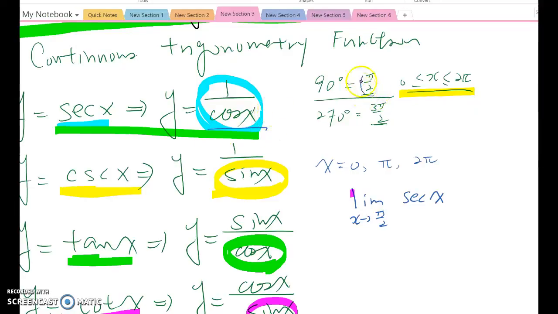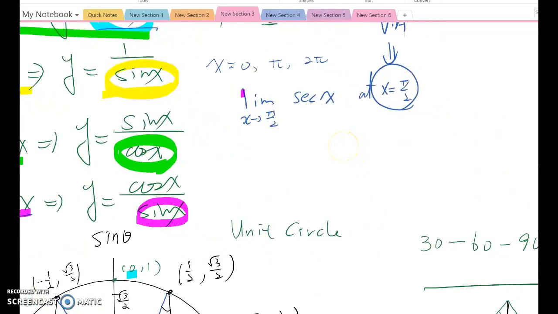You know cosine of pi over 2 is 0, and this is an undefined case, right? Therefore, at x equal to pi over 2, that's our vertical asymptote, which means the function is not continuous. Not continuous means the limit does not exist. So if the question is given by limit x approaches pi over 2, then you say no limit exists.